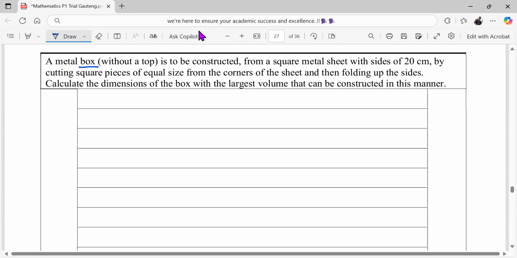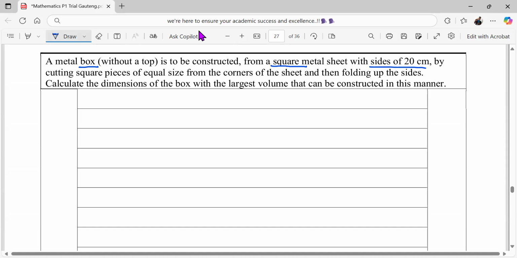Nonetheless, a metal box is to be constructed from a square metal sheet. And this square has sides of 20 centimeters.